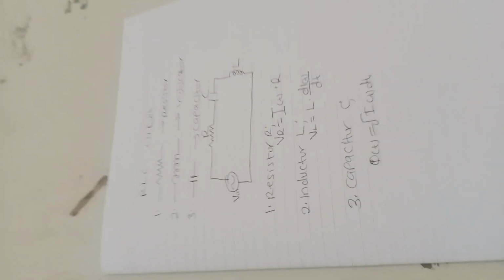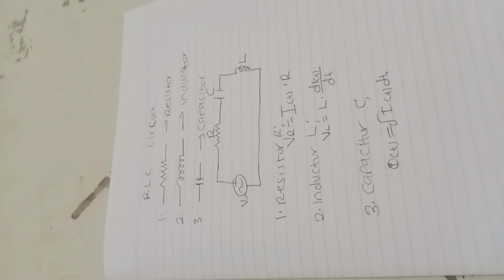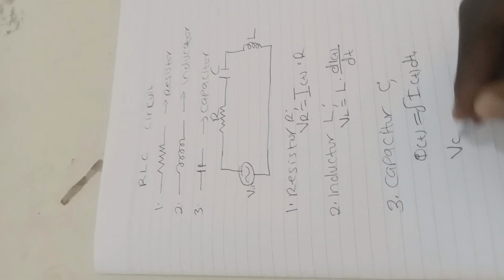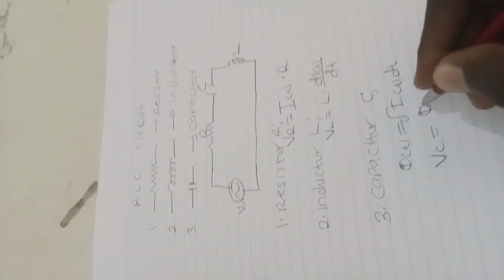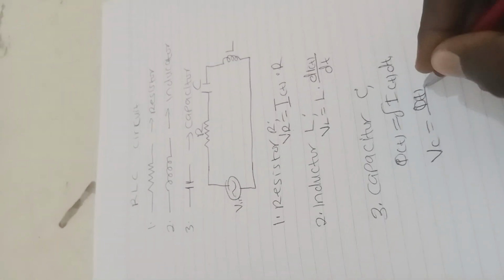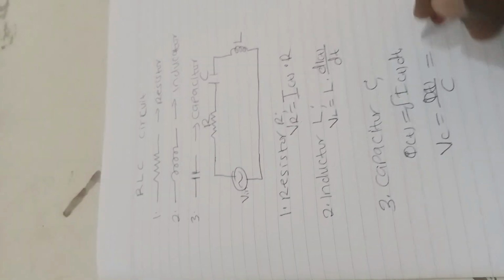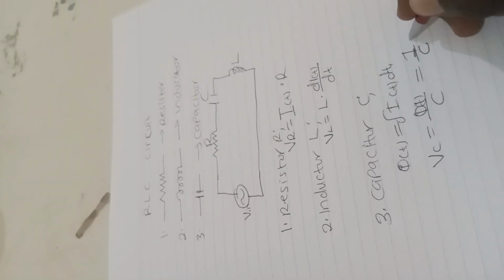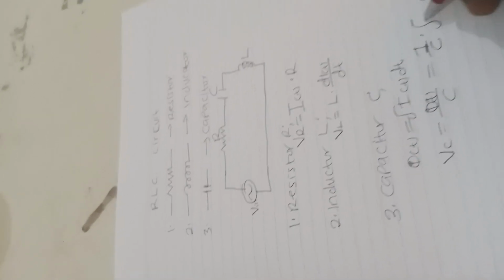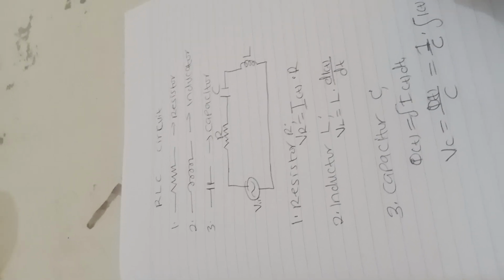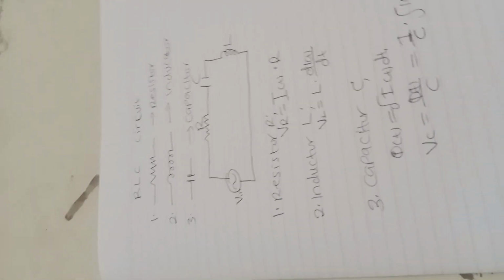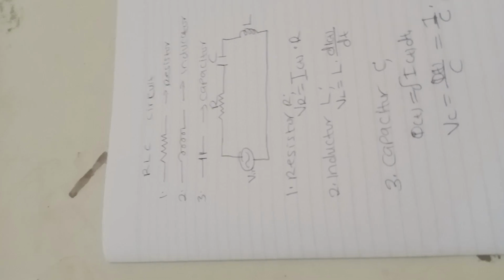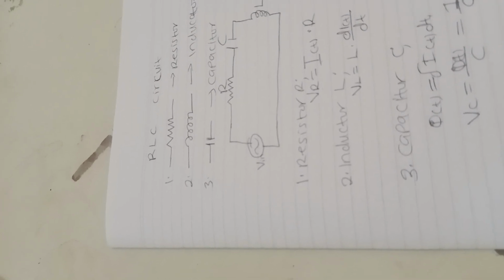So the voltage across the capacitor is going to be 1 all over capacitance times the integral of current dt. Okay, since capacitor stores energy in an electric field and opposes changes in voltage.